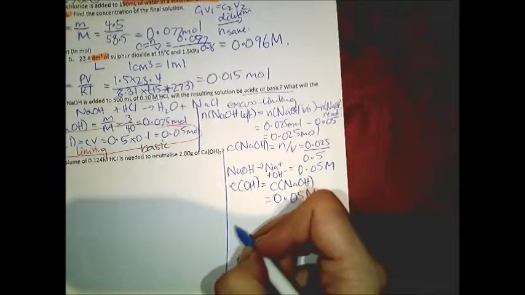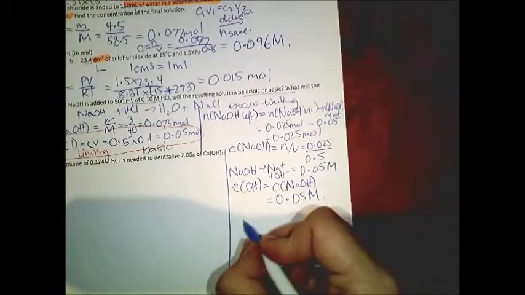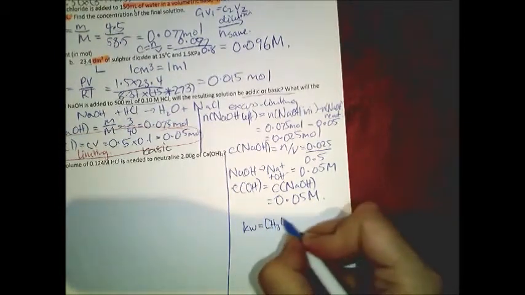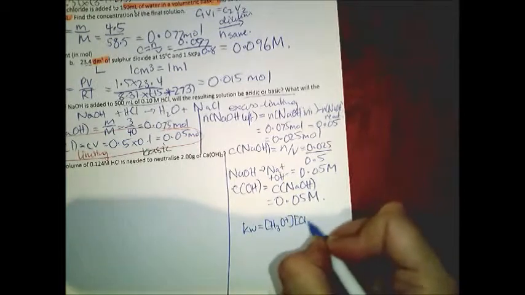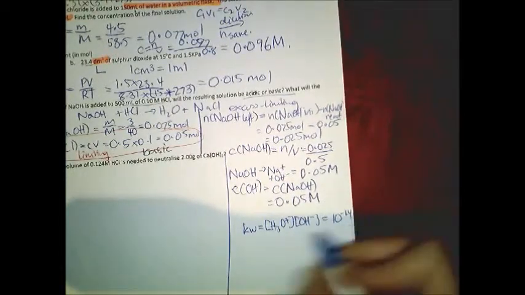Now we're at 25 degrees, so we could just do pOH, but I'm going to do this one. Kw equals concentration of H3O+ times the concentration of OH- is 10 to the negative 14.